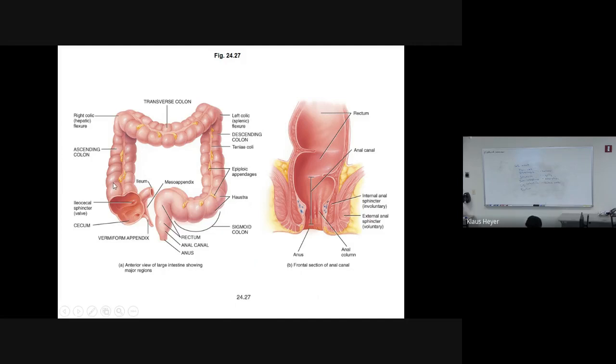The primary job is to reclaim water. The large intestine will reclaim or recapture about 80 to 90% of the fluid of your chyme. So chyme gets turned into feces.